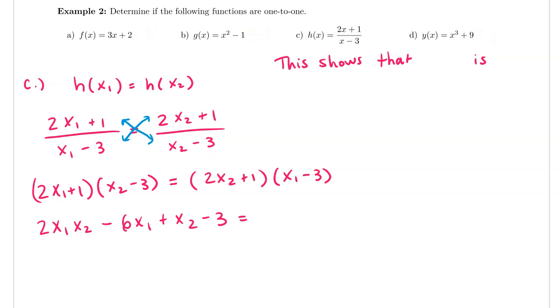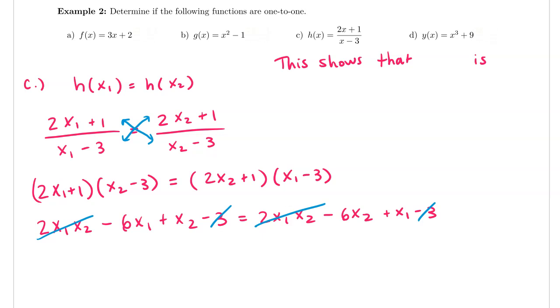And on the right-hand side, we'll get 2x1 times x2 minus 6x2 plus x1 minus 3. Okay. So now we want to combine any like terms. For example, if I added 3 to both sides, that would get rid of that. And if I subtracted this term from both sides, that would disappear.